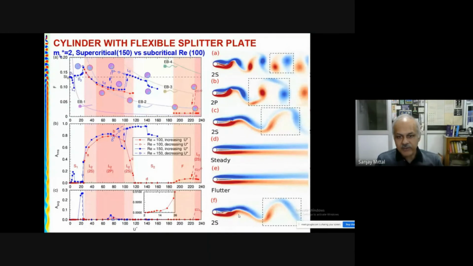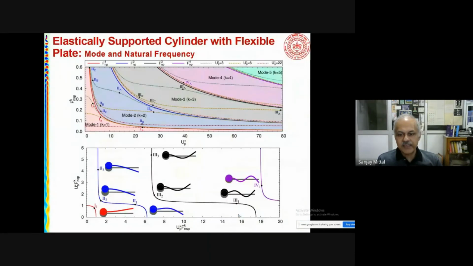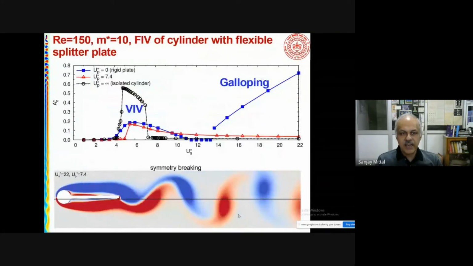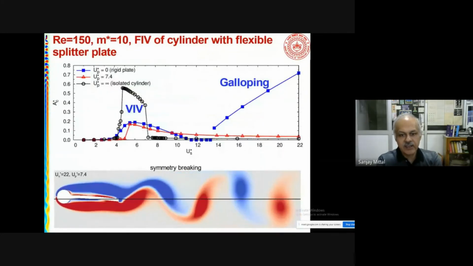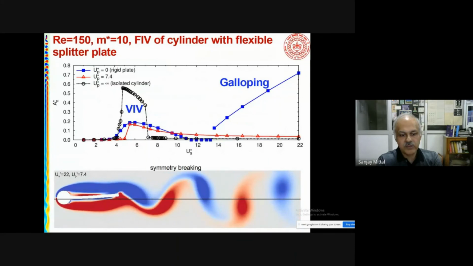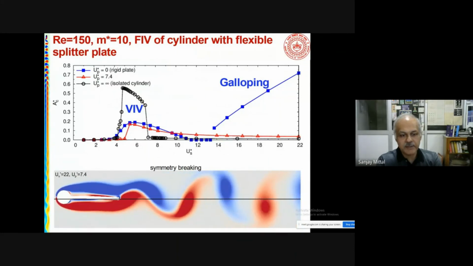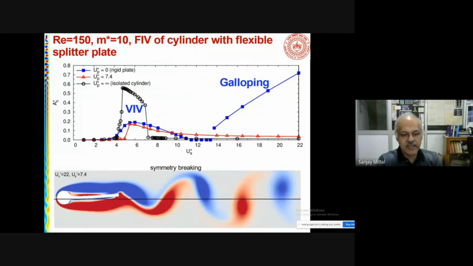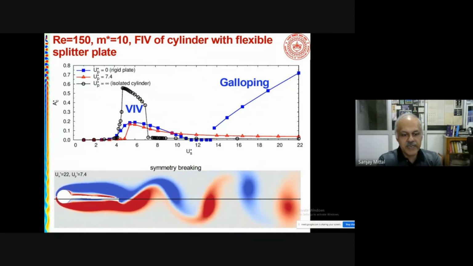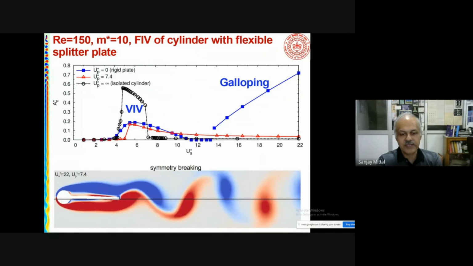But I don't have time for that, so I'll skip it. And maybe what I'll do is I will just show you some pictures. One example is this symmetry breaking case where the mean amplitude is not zero. Okay, so there's a bias.